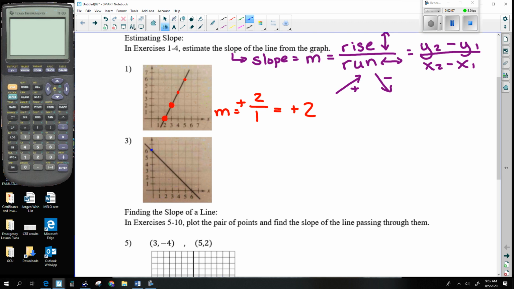In number 3, again, look for concrete points. Just select any 2 of them. It doesn't really matter. I'll select this point and this point, just to be kind of weird.